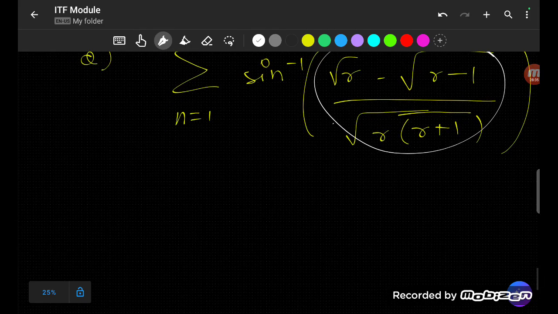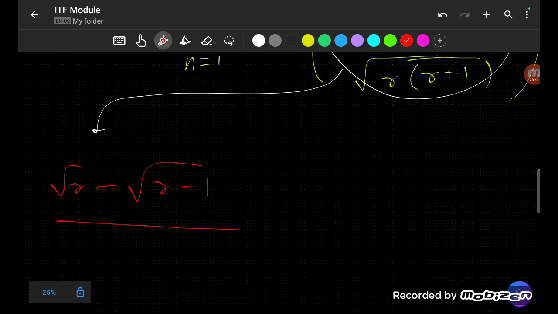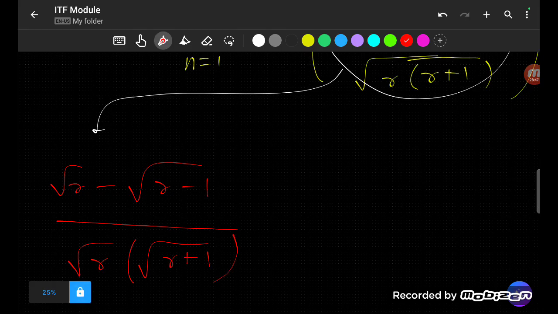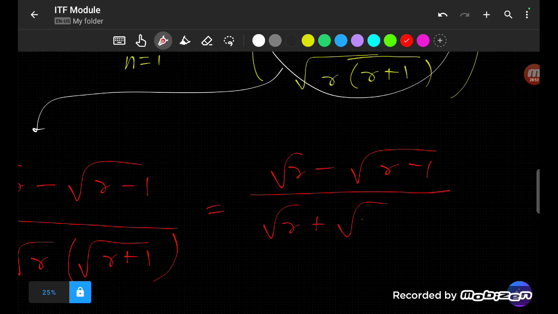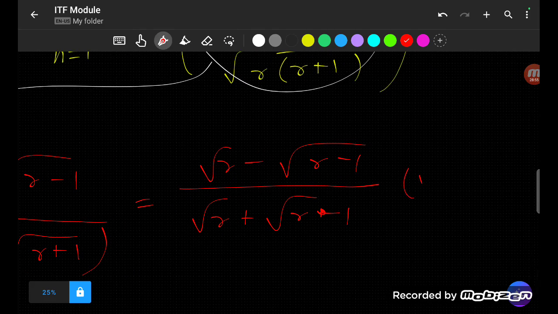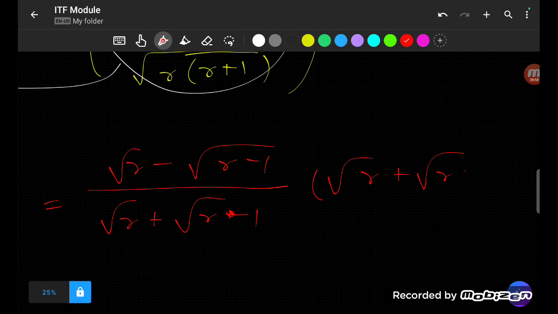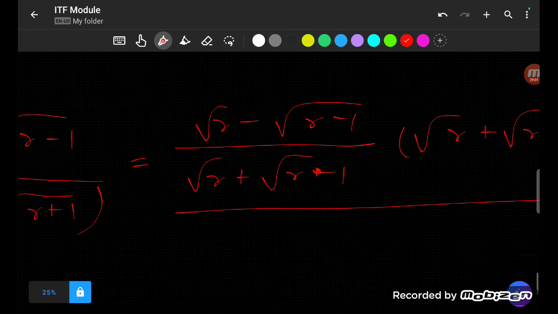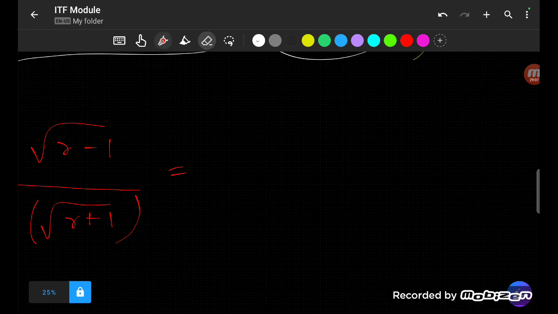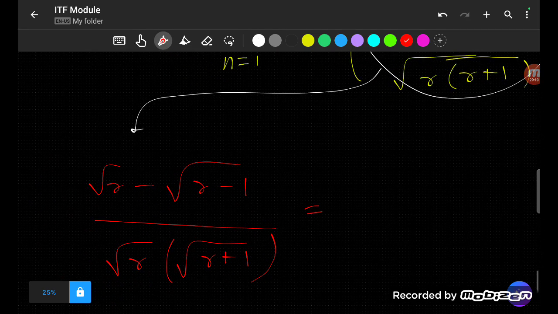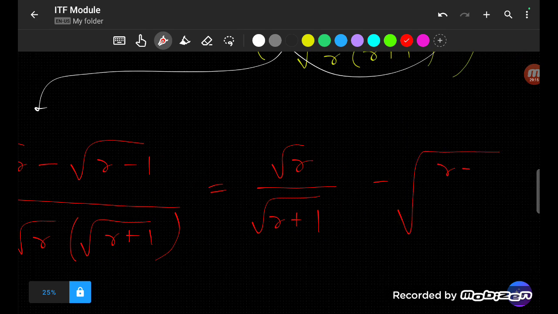So let's just take this, upon under root r to under root r plus 1. So if you were to rationalize the one on the top, plus root r plus 1 upon, what if you just multiply and divide everything by root r plus 1? Will that work? I don't know.